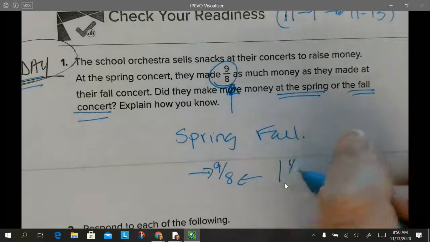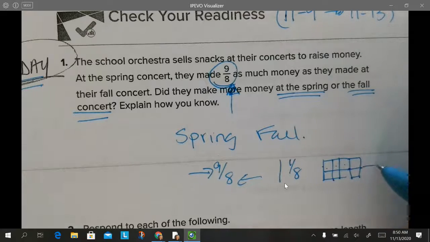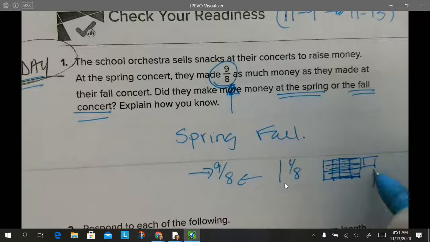You have 1 left over. So it's like cutting something into 8 pieces, you got 1 extra, okay? So 9/8 is like 1 1/8, okay?